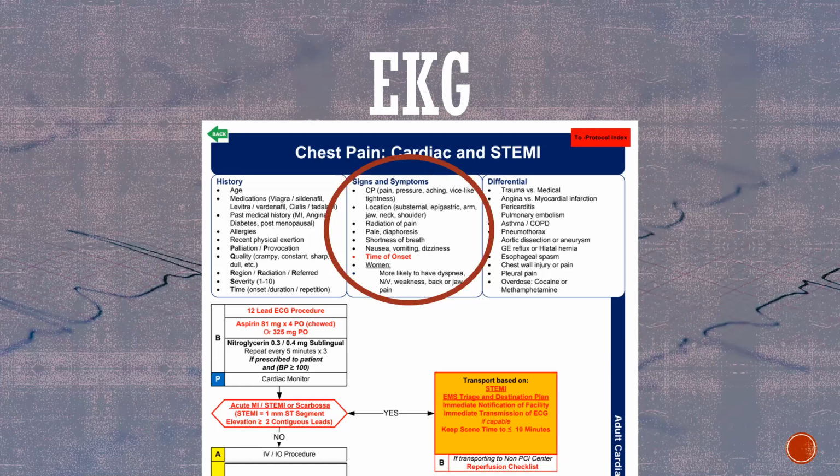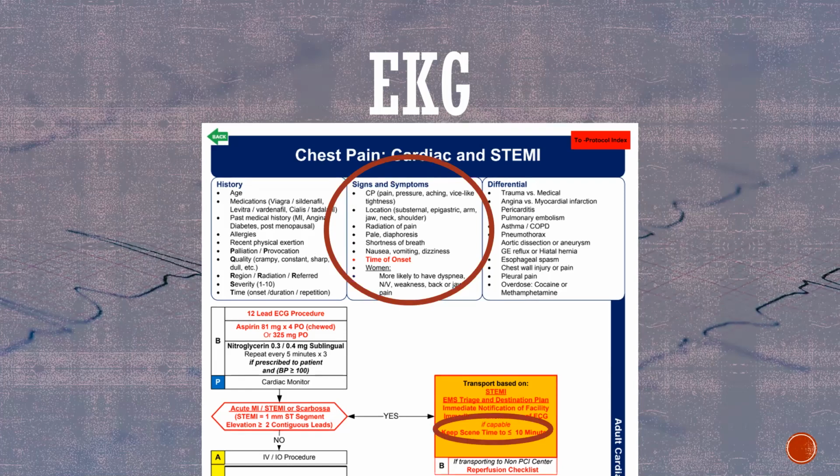And the timing of EKGs is something that's really important, because one of our main jobs in performing an EKG is to identify STEMIs so that we can activate the cath lab. And as all of you know, activating the cath lab and actually getting the ball rolling on getting the cath lab ready is something that takes a decent amount of time.